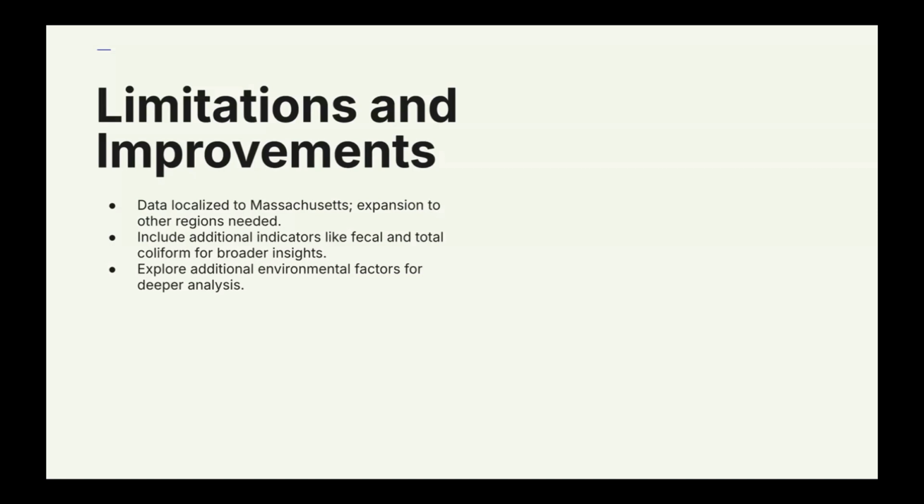Two other ones are that we want to include additional indicators. So there are a couple ways of monitoring water quality, and so this could be fecal coliform. This could also be total coliform. And given these different parameters, each kind of requires a different analysis, because each signals for a different level of action.